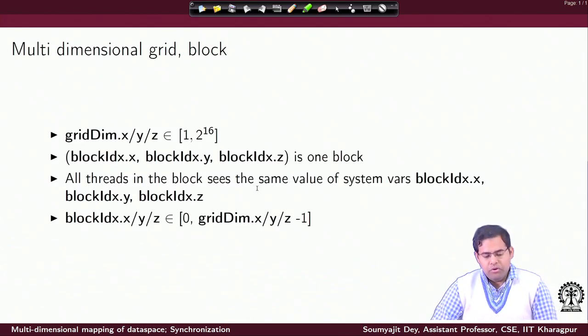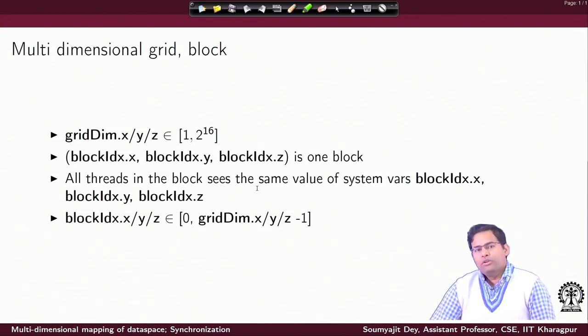Now, this is the most important part. I believe in the earlier simple program example, we have already discussed that you have a simple CUDA program. There are certain variables like thread IDs and block IDs which get automatically defined, and every thread has got its own local value of the thread ID and block ID.